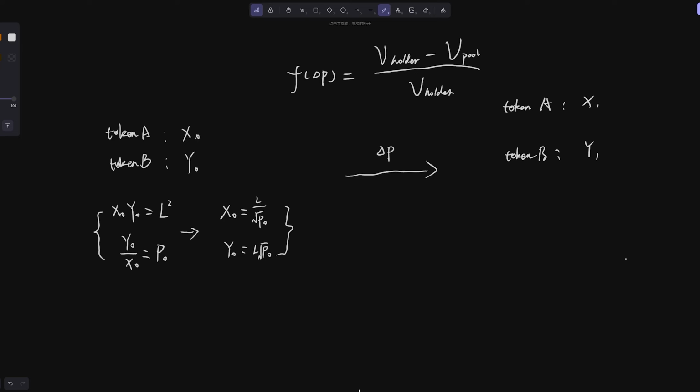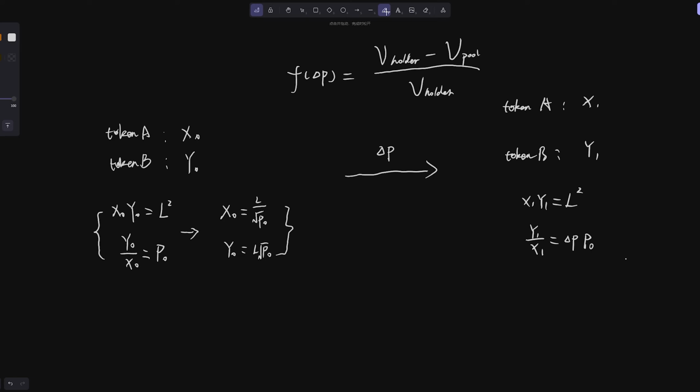Now the liquidity will stay the same, so x1 times y1 equals the square of L. This part is the same, but the price is different. So y1 divided by x1 equals delta P times P0.